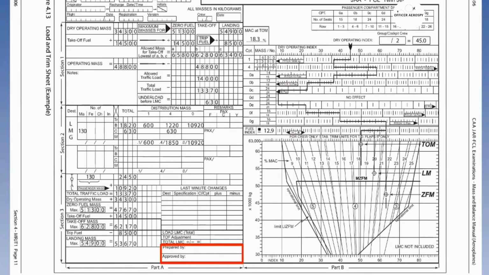This is the chart used to check the imbalance of the mass, and it has to be checked and calculated by the operator of an airplane. This documentation needs to be prepared by the pilot in command before the operation of the aircraft, and he has to check and sign the mass and balance documentation.